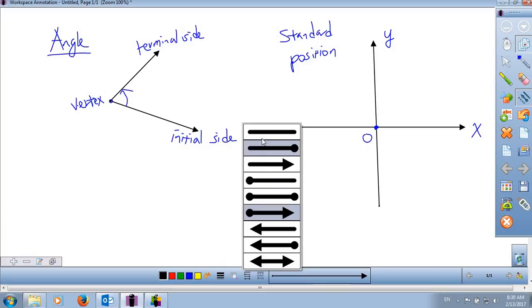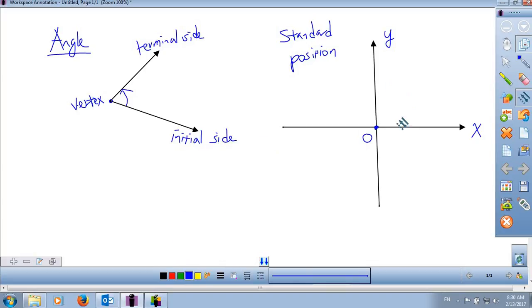The initial side should always be on the x-axis. From there you can rotate counterclockwise to create any angle you want, and that angle's measurement will be positive when you rotate counterclockwise.